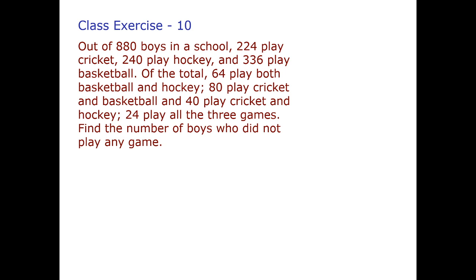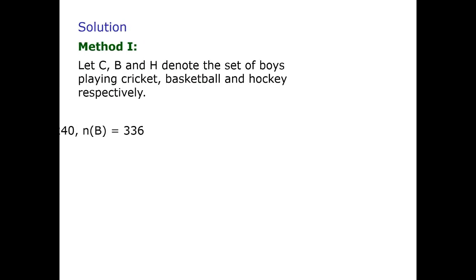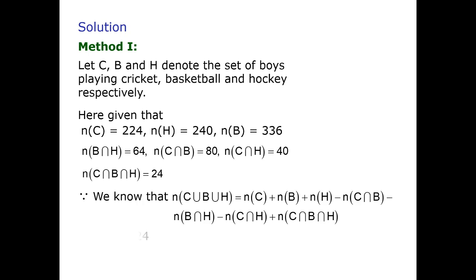Now this is indeed a good question. So please students, go through. Out of 880 boys in a school, 224 play cricket, 240 play hockey, 336 play basketball. Of the total, 64 play both basketball and hockey, 80 play cricket and basketball, 40 cricket and hockey, 24 play all the 3 games. Find the number of boys who did not play any game. It means we first have to find the union.